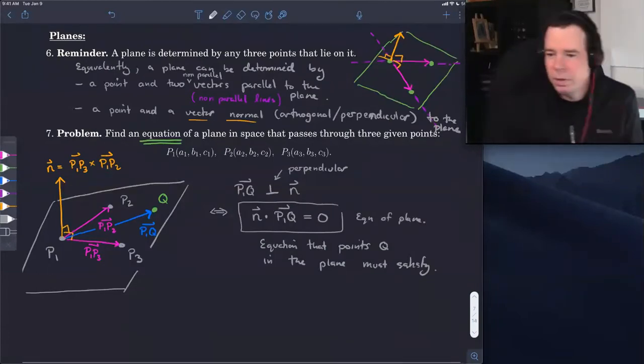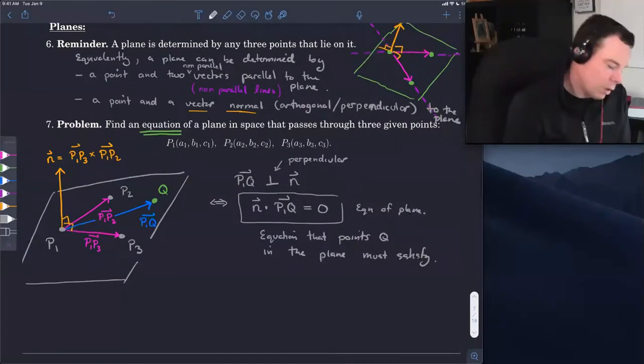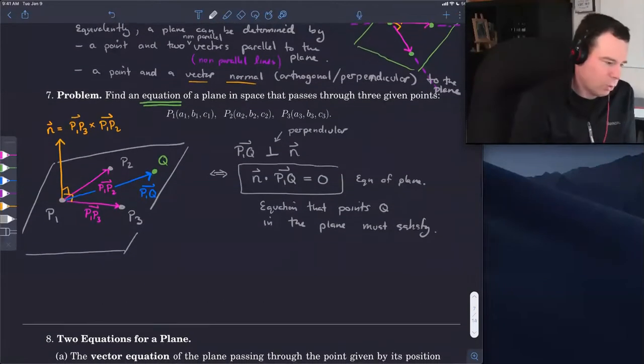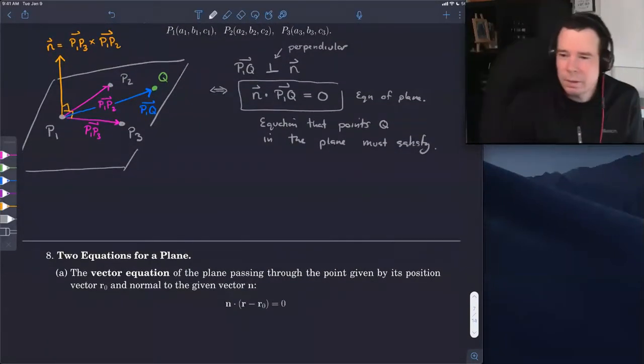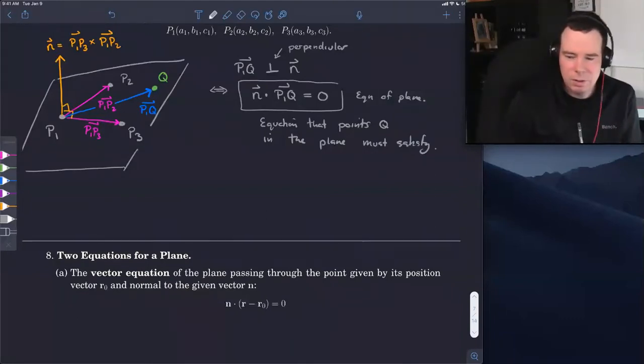It's the set of all points Q such that the normal vector to the plane dotted with the vector from this arbitrary point I selected on the plane, P1 to Q, such that the normal vector is perpendicular to the vector from P1 to Q for any point on it. We will unpack this equation in the very next line and make it a little bit more functional for us to use. So that's our sort of abstraction of the equation of a plane. Now let's get down to specifics.